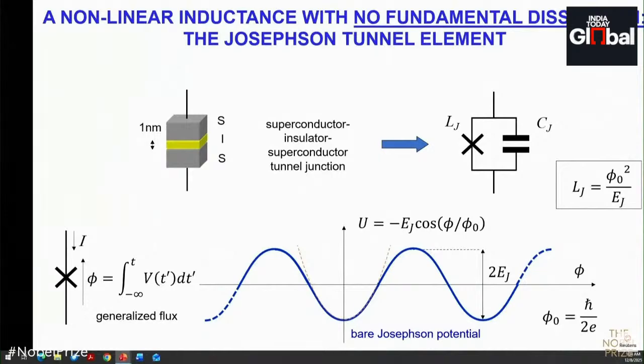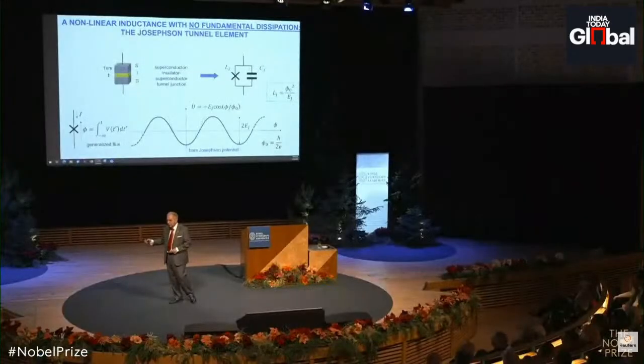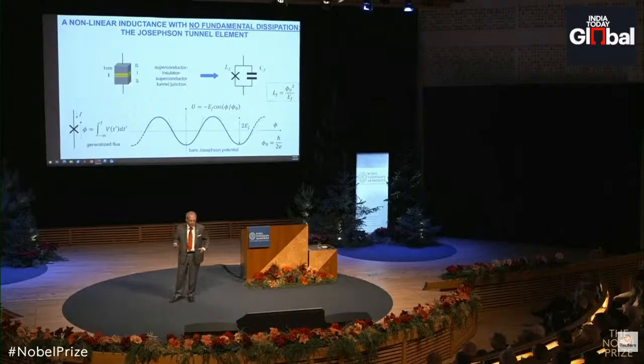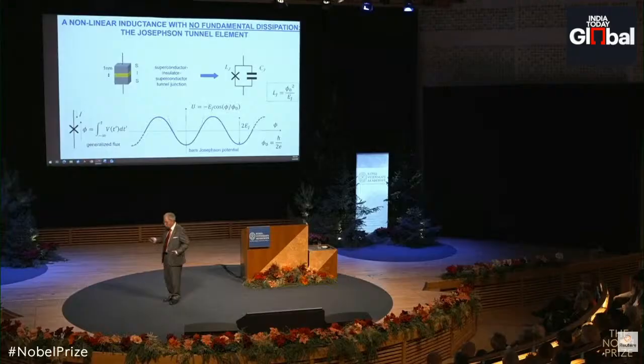And why does e come into play here? It's because electrons tunnel one at a time across the junction. In the superconducting state, they tunnel as pairs, but what is important, what determines the shape of this potential, the periodicity, is the fact that charges go one by one through the junction.